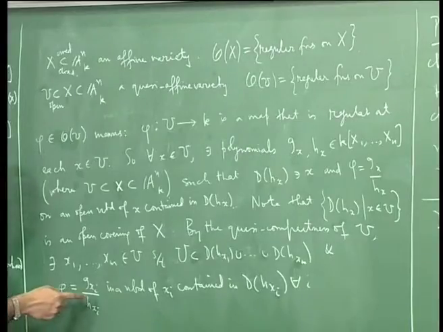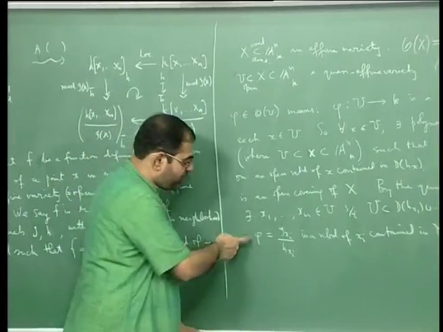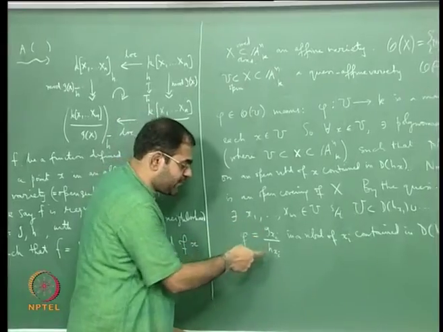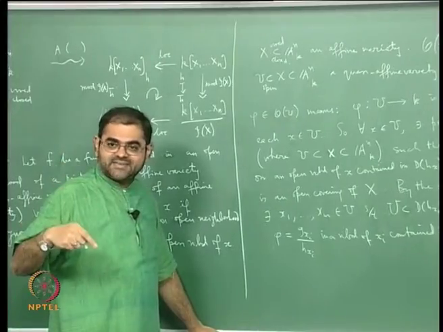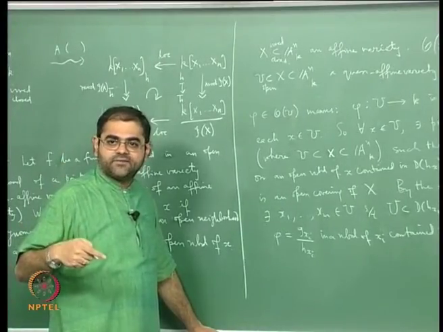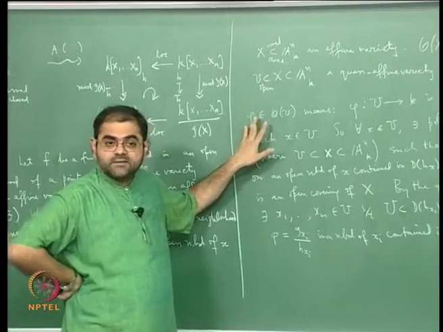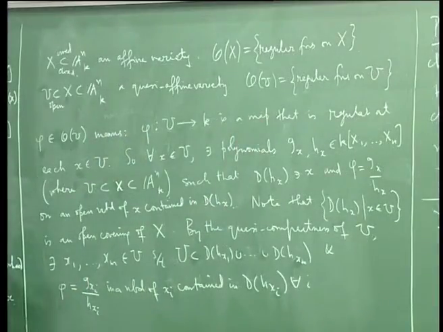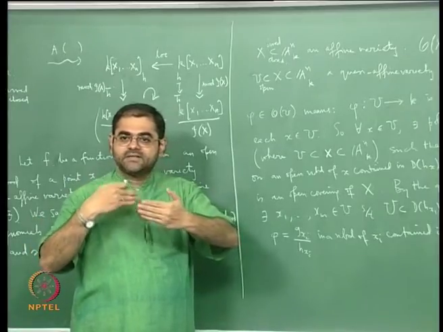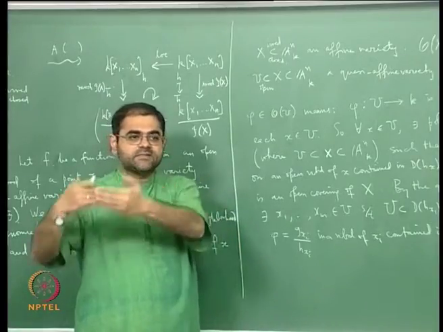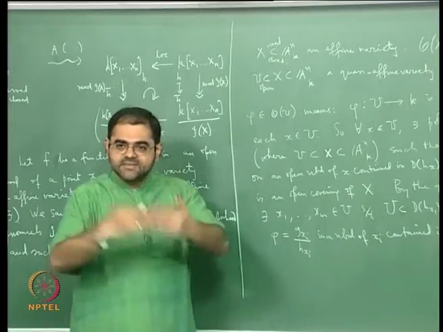If you take the intersection of D(h_xi) with D(h_xj), then in that intersection phi will locally be both g_xi by h_xi, and it will also be equal to g_xj by h_xj. And this is exactly what gluing is.